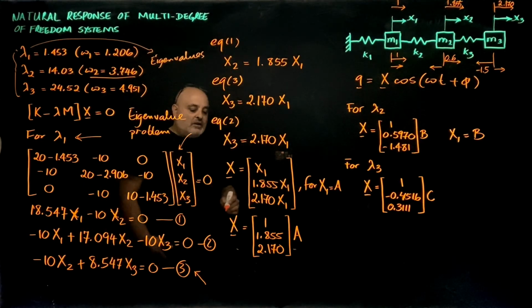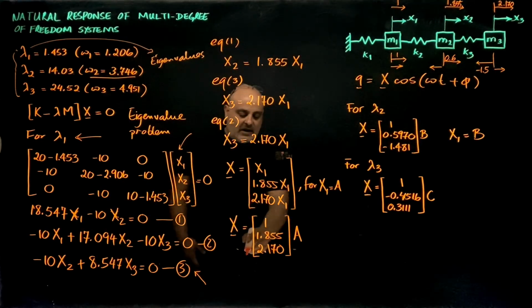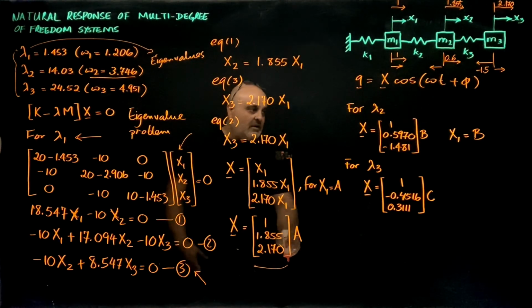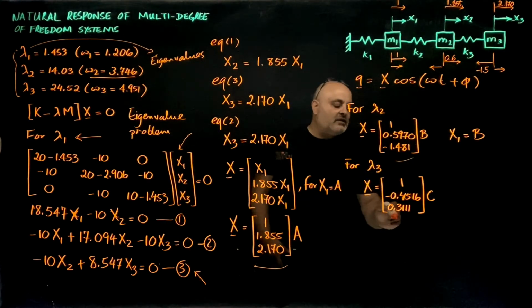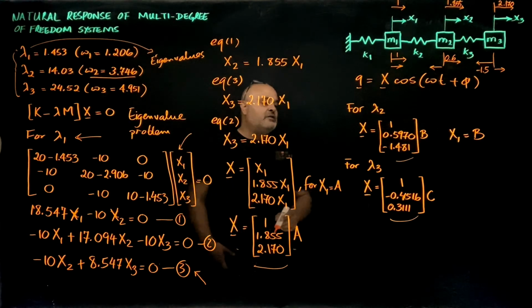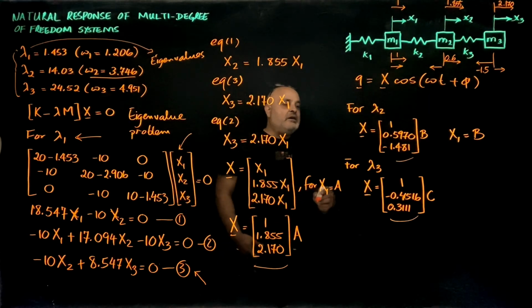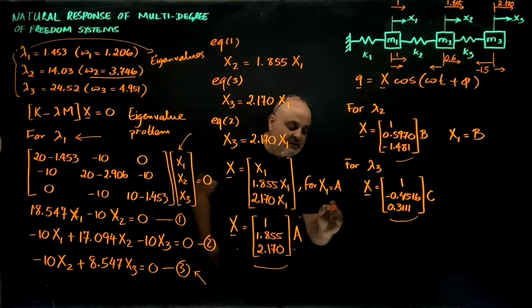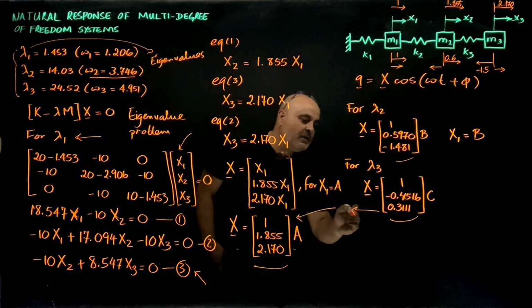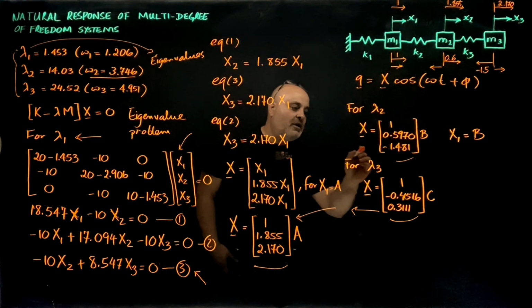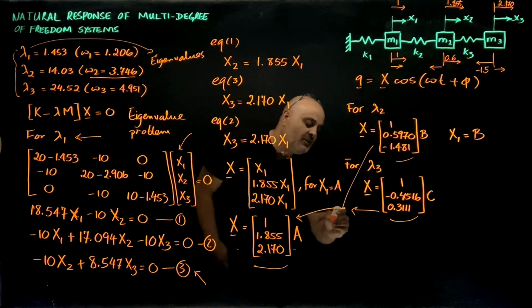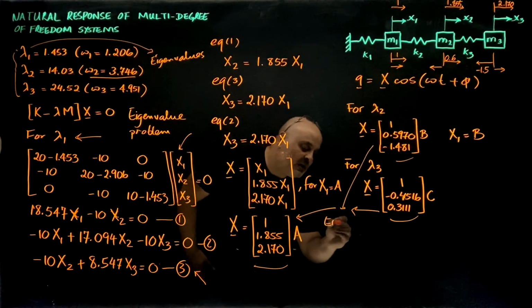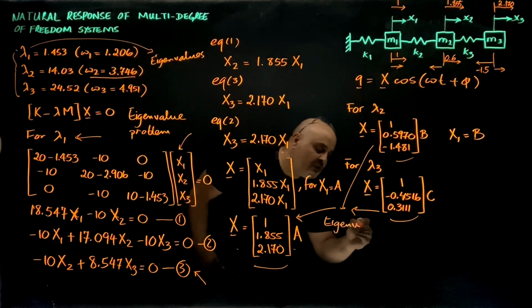And the vectors x1, x2, and x3, these three vectors are known as the eigenvectors. So this vector here and this vector, these are all known as the eigenvectors.